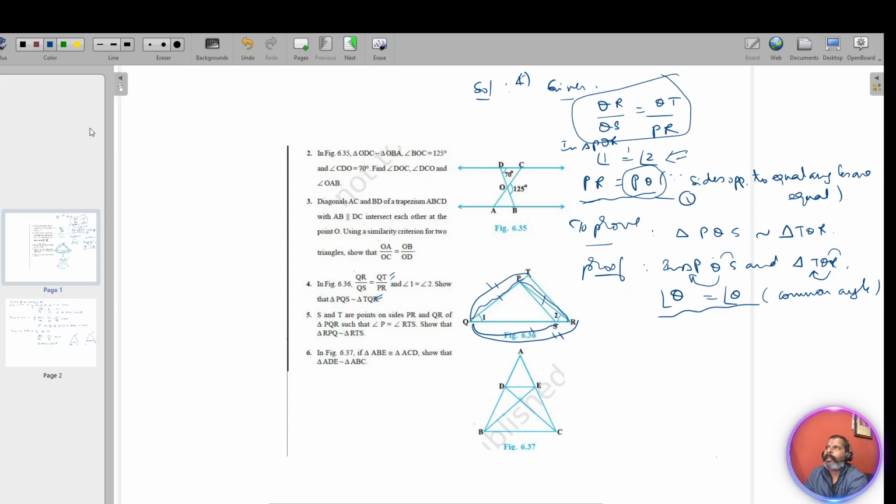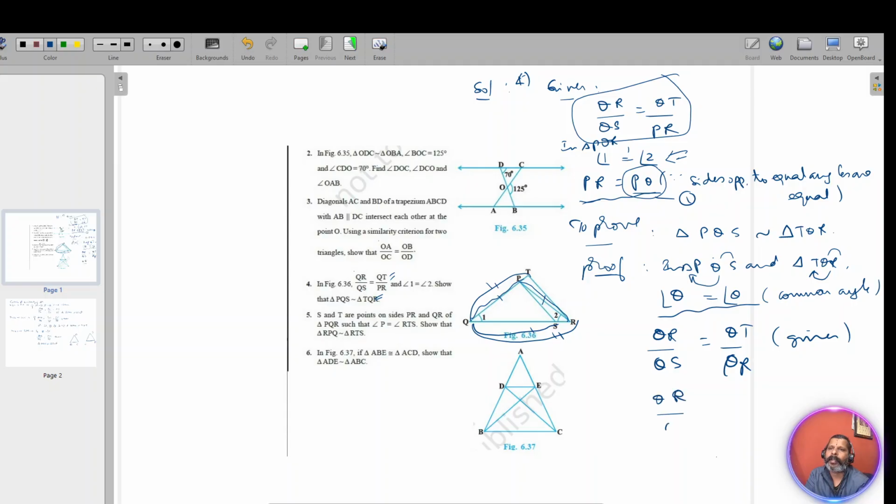Why we should not write whatever given ratio here means they're not corresponding parts actually. See, QR by QS equal to QT by PR. It is from given. But instead of PR, if you substitute PQ, we are done.